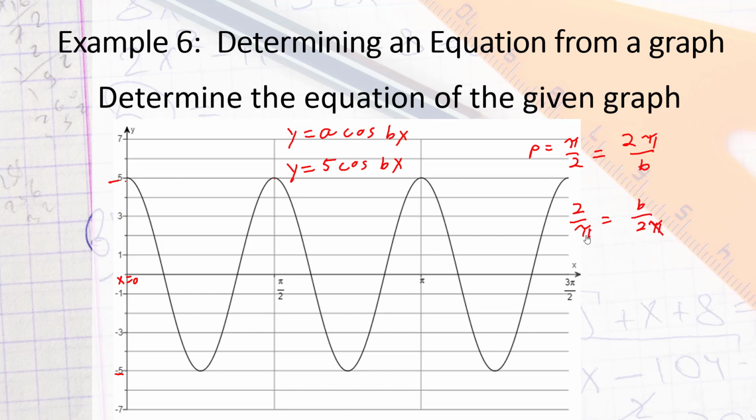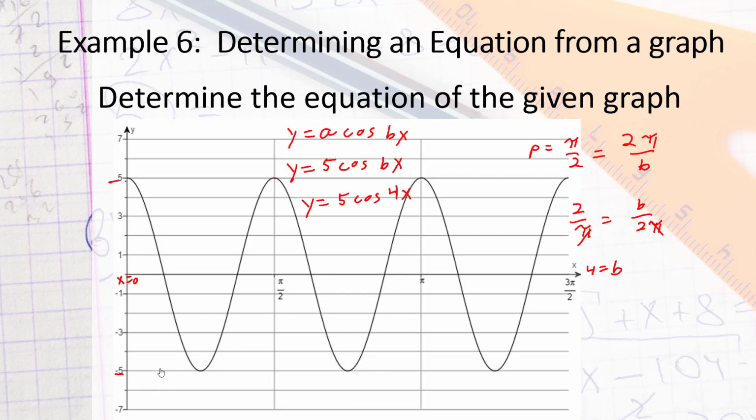The pi's can cancel, and we have that 4 is equal to b. So our final equation is going to be that y is equal to 5 times cosine 4x. Now, once again, if this thing was flipped, then it would be -5 cosine 4x.